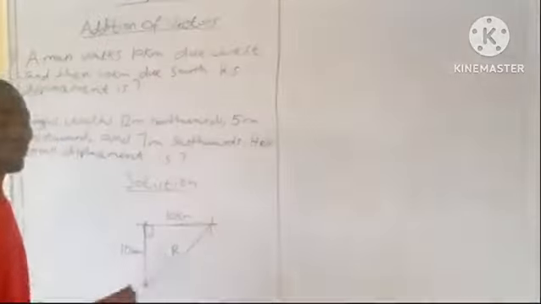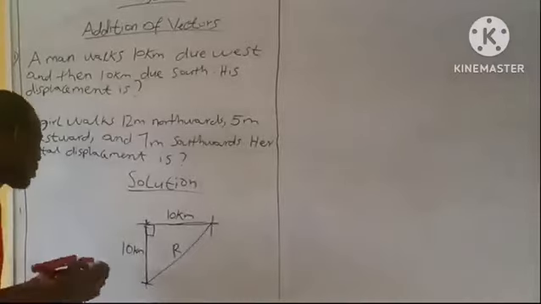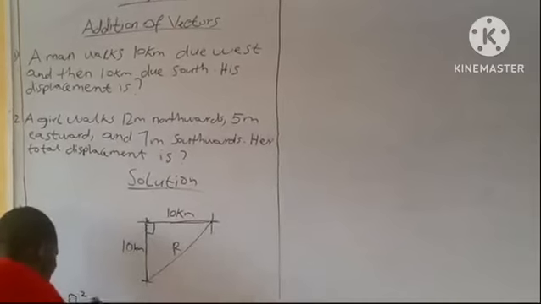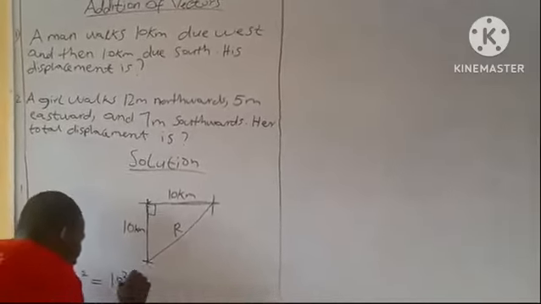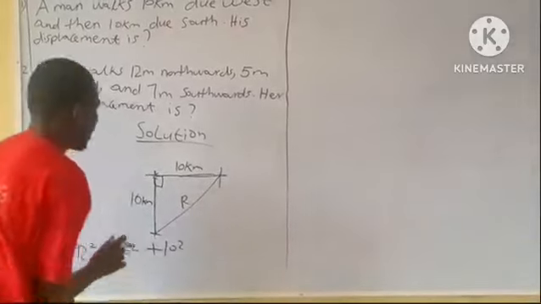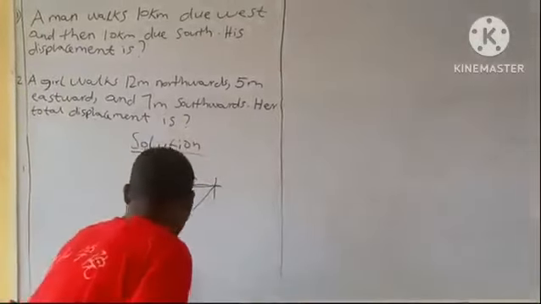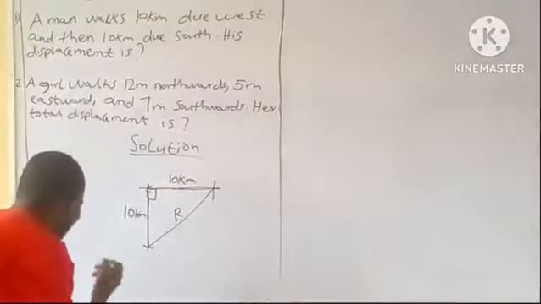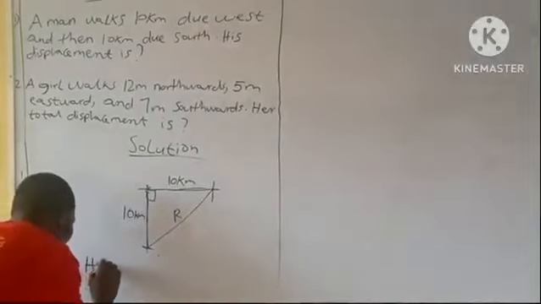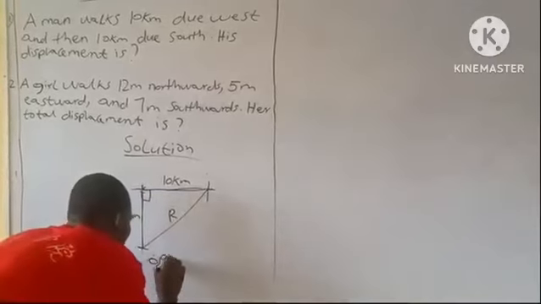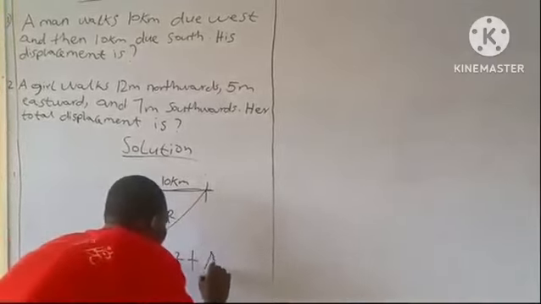Now, using Pythagoras theorem, r squared is equal to 10 squared plus 10 squared. Let me write it very well. Using Pythagoras theorem, hypotenuse squared is equal to opposite squared plus adjacent squared.